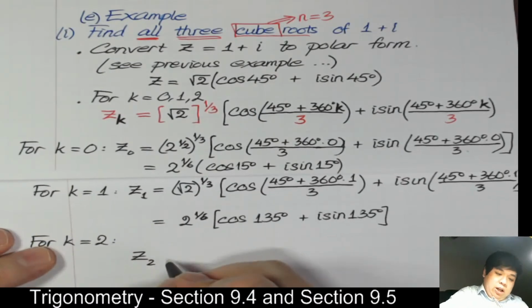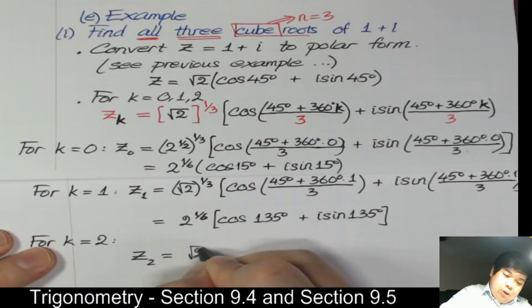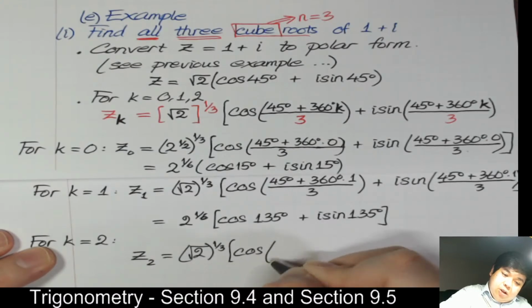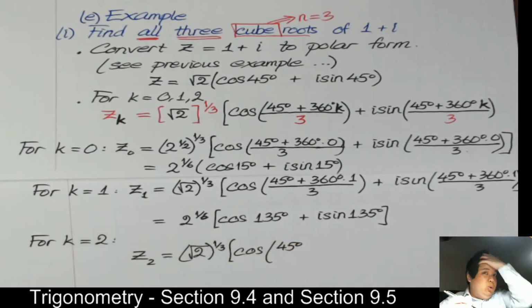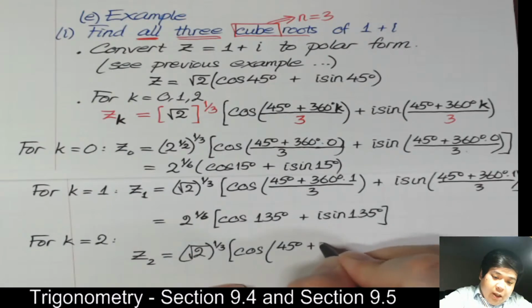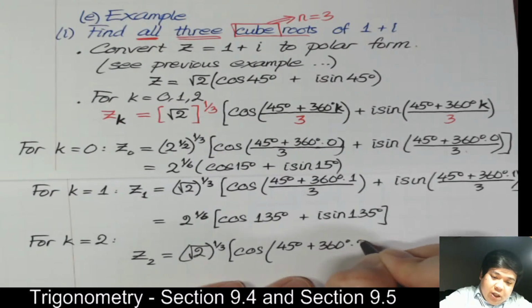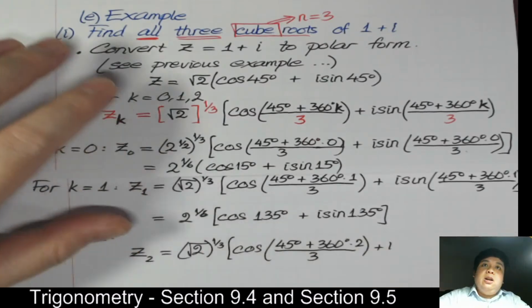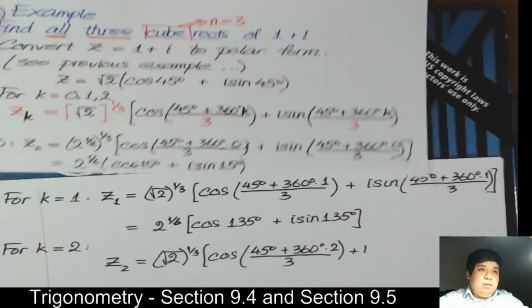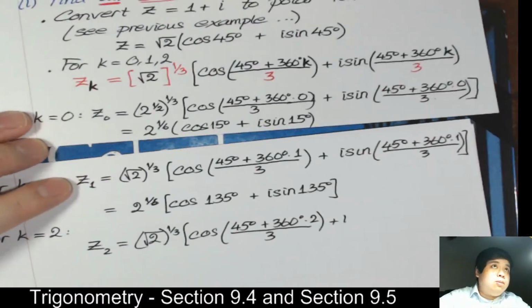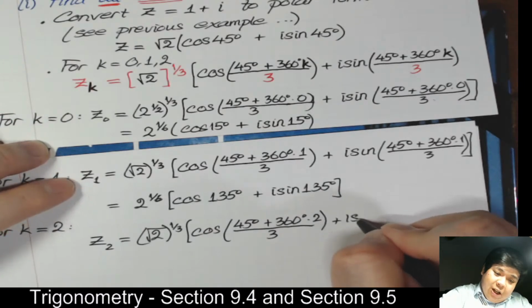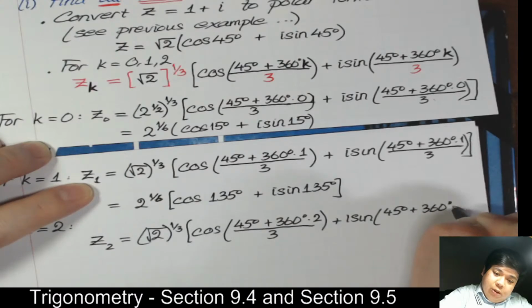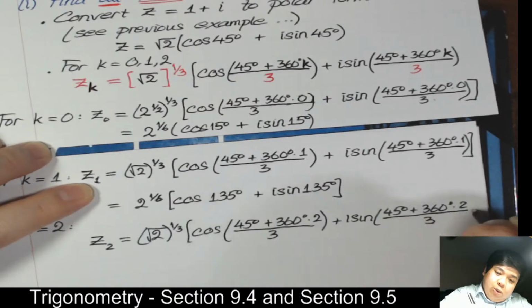Z sub 2 will be equal to 2 to the 1/6, cosine of 45 degrees plus 360 times 2 divided by 3, plus i sine of 45 plus 360 times 2 divided by 3.